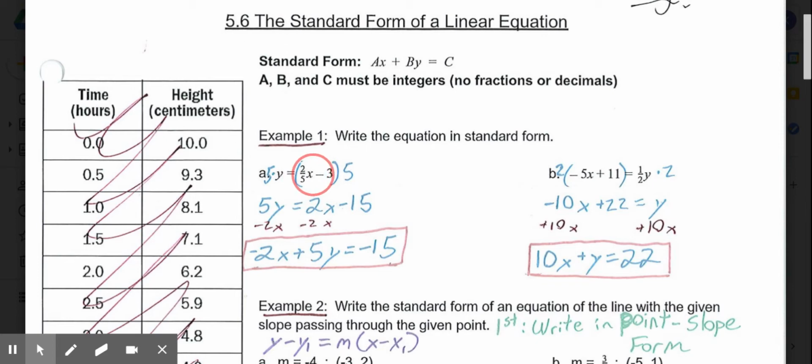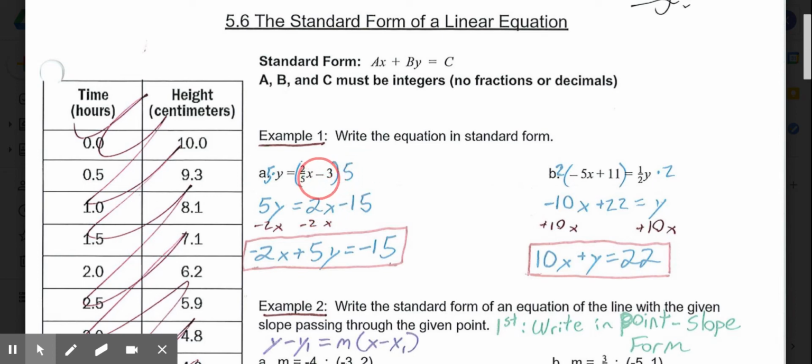What we want to do is to multiply everything on both sides of the equation by the denominator. So if the denominator in this case is 5, we're going to multiply the right-hand side and the left-hand side of the equals by 5. So what that becomes is on the left, 5y, 5 times y, and then on the right, 2/5 x times 5 is just 2x.